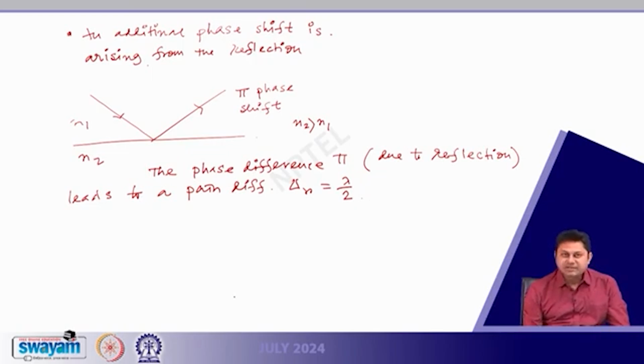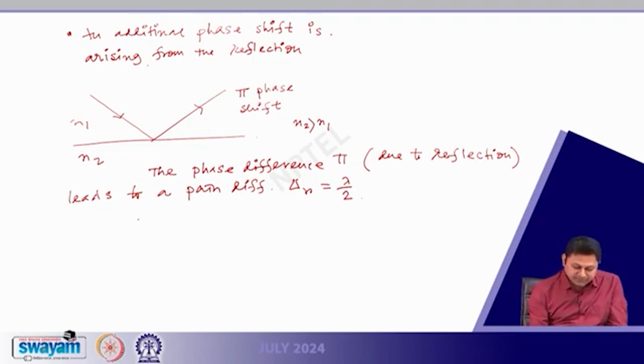This path difference arises solely due to the fact that light is reflecting from N1 medium to N2 medium, and the refractive index N2 is higher than N1, and in this case a pi phase difference is there. So if there is a pi phase difference, there should be an associated path difference that we need to consider, and that is lambda by 2.